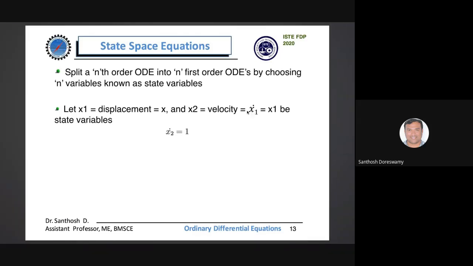What we are trying to say is that the velocity x2, given by the second variable, is the differentiation of the displacement with respect to time.